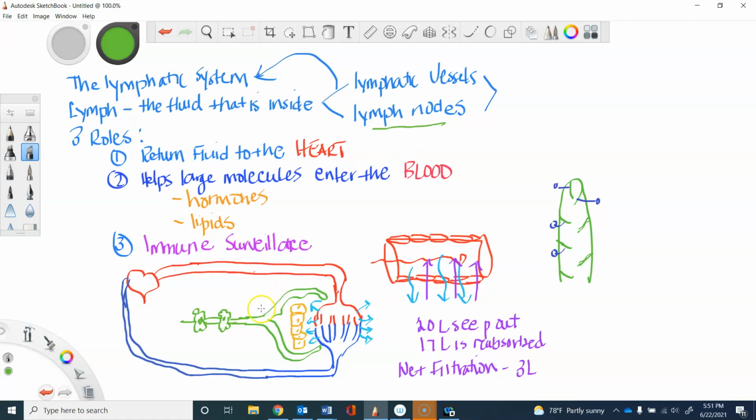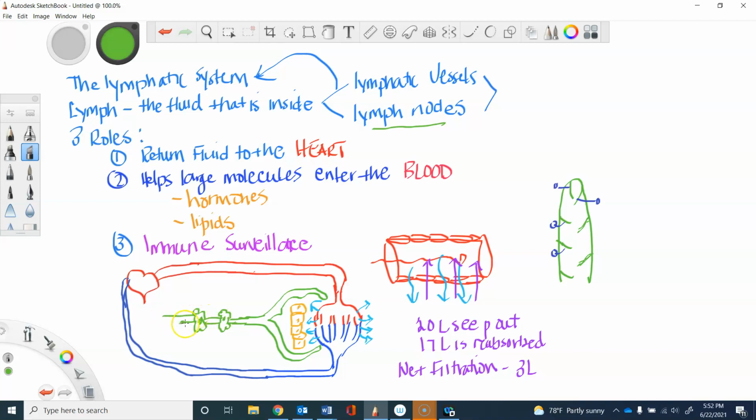In those lymph nodes are going to be cells like macrophages and lymphocytes that are looking for things like bacteria. Lymphocytes are looking for their antigen, okay, which is something that stimulates the immune system. It's looking for antigens on pathogens in order to connect with them so that they can dispose of them. So that's what they do within the lymph nodes here.